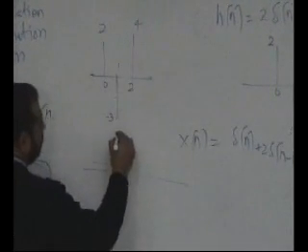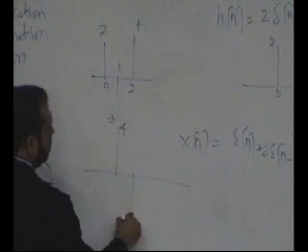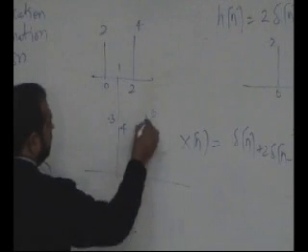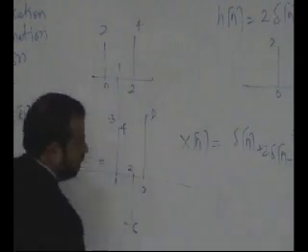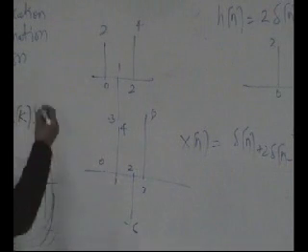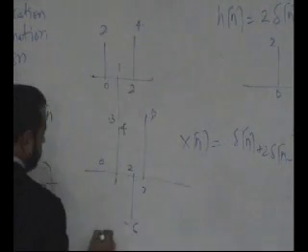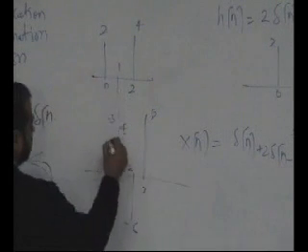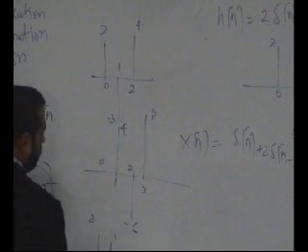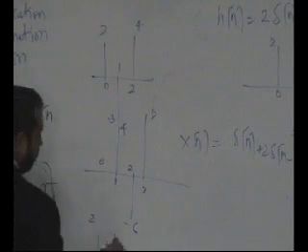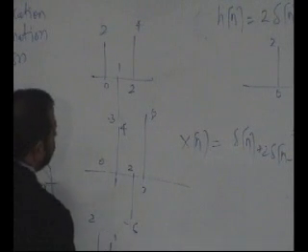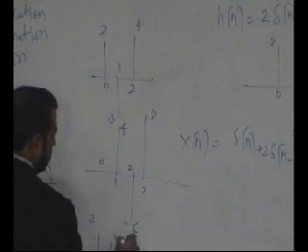Multiplied by 2 will give you 4, minus 6 and 8. Now add them together to get the answer. On a sample by sample basis, 2 plus 0 is 2, 4 minus 3 is 1, minus 6 plus 4 is minus 2, and 8 plus 0 is 8.